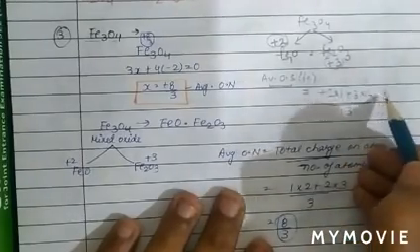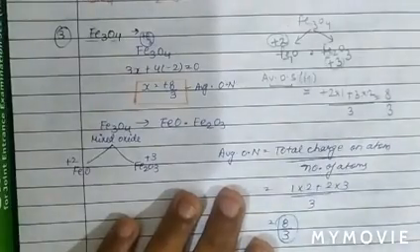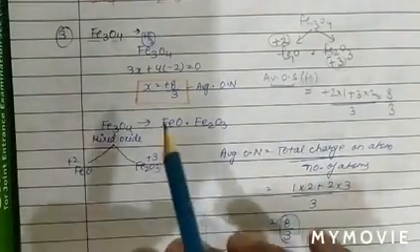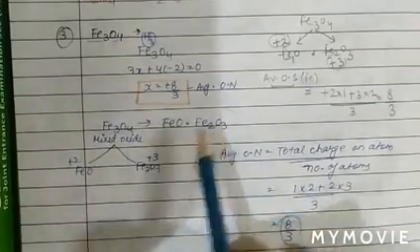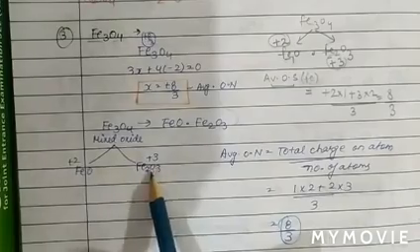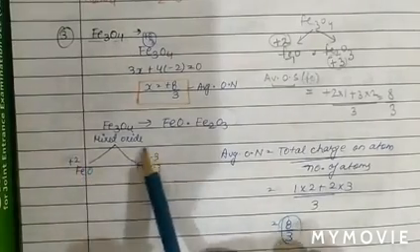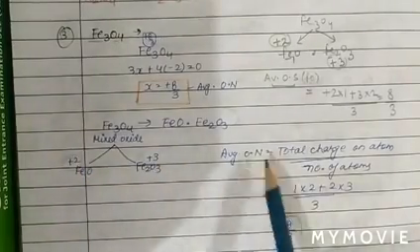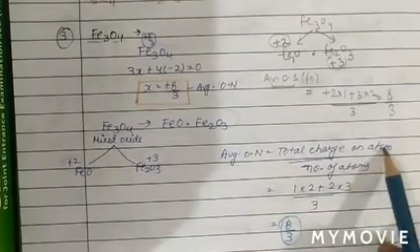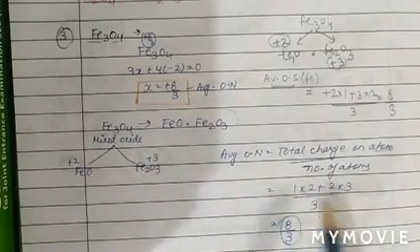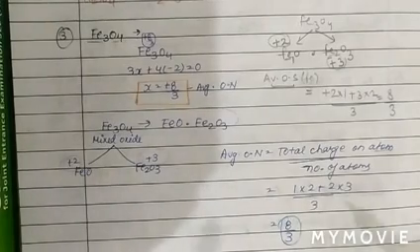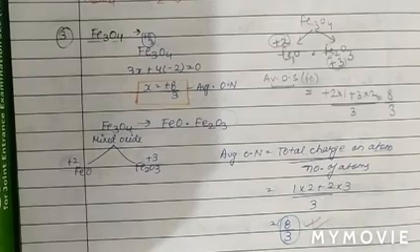So the average oxidation state of iron is 8/3. So this is a mixed oxide of FeO and Fe2O3, with iron in +2 state and iron in +3 state. The average oxidation state is the total charge on all the iron atoms divided by the total number of iron atoms, which is 3.